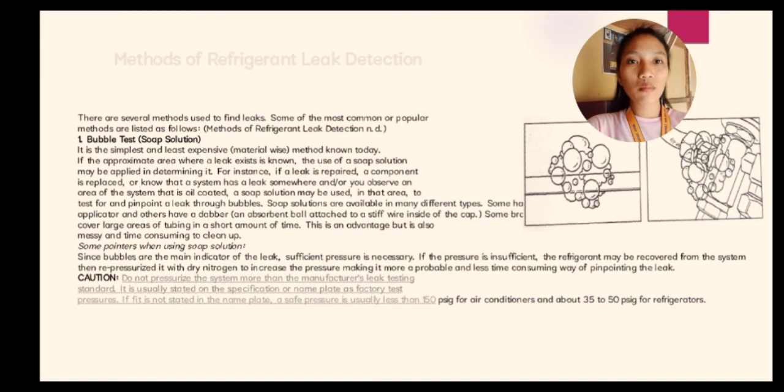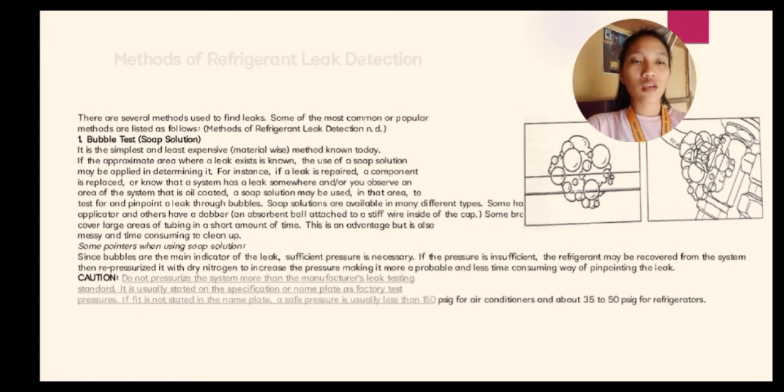There are several methods used to find leaks. Some of the most common or popular methods are listed as follows. First, bubble test or soap solution. It is the simplest and least expensive method material-wise today. If the approximate area where a leak exists is known, soap solution may be applied to determine it.